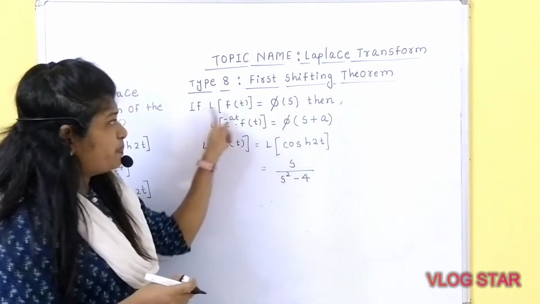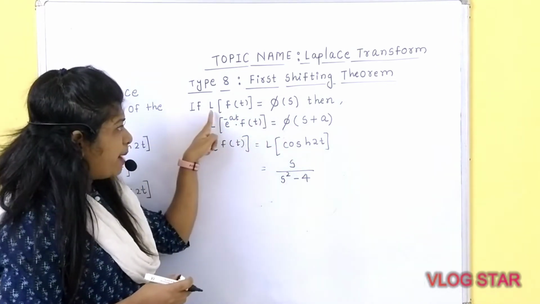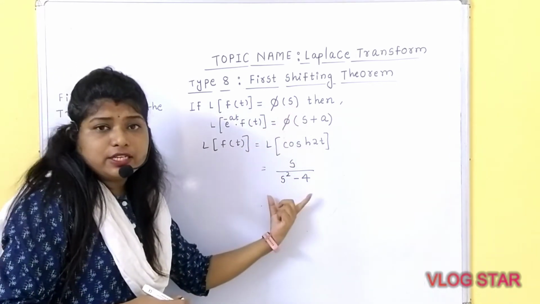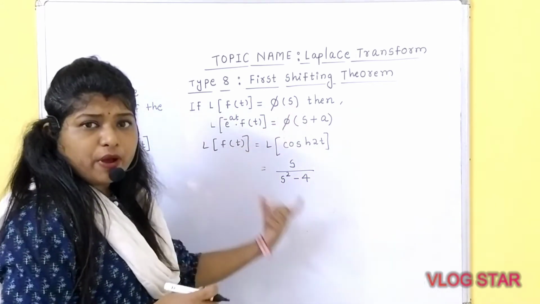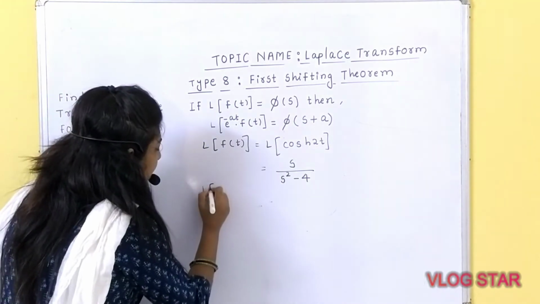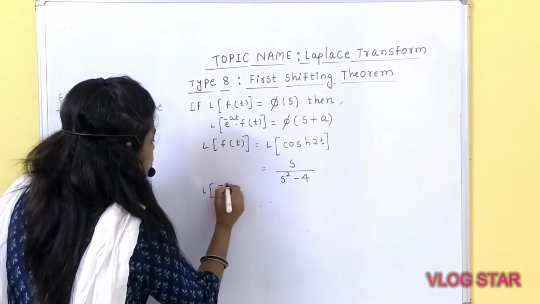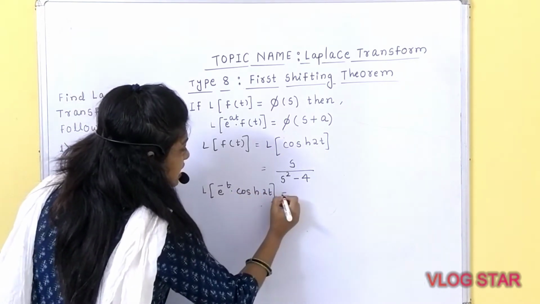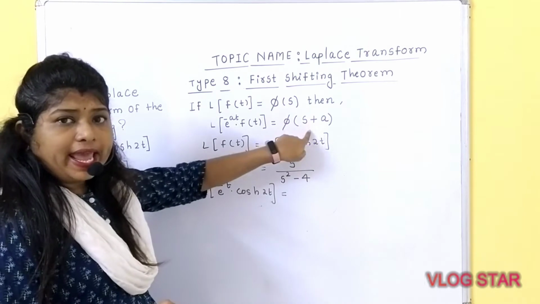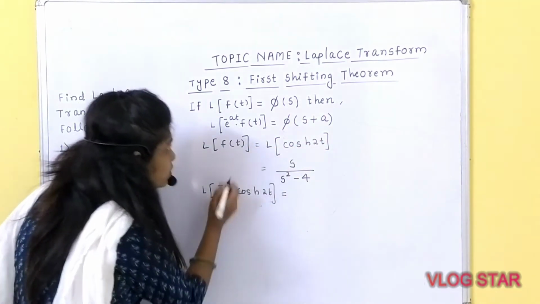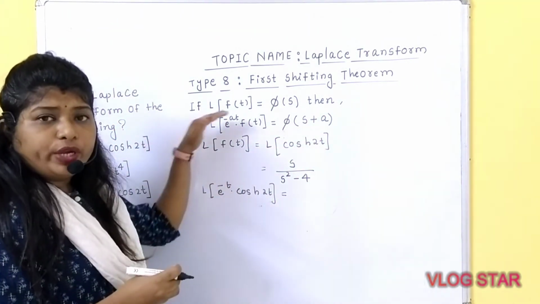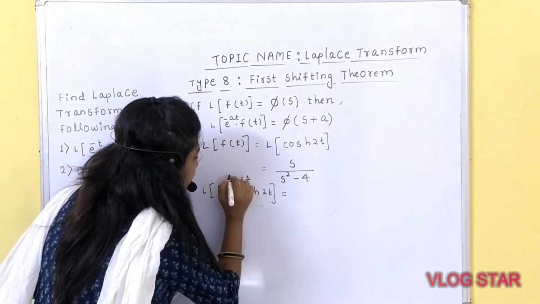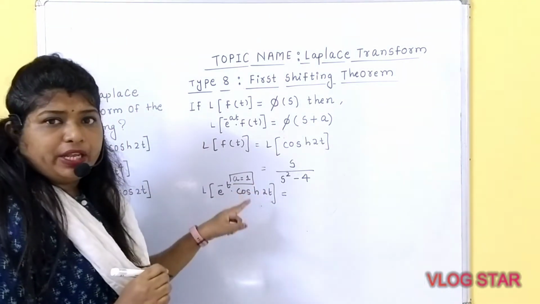Now this is as per the standard form, if Laplace of f of t is equal to phi of s. This is your phi of s. With the help of this, we have to calculate Laplace of e raised to minus t cos h 2t, which is equal to phi of s plus a. In this case, what is the value of a? If you equate with the standard result, a is equal to 1.